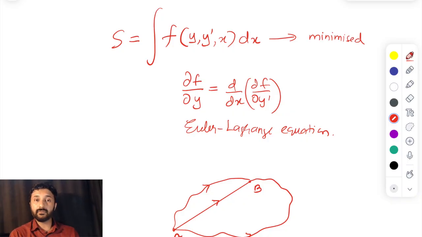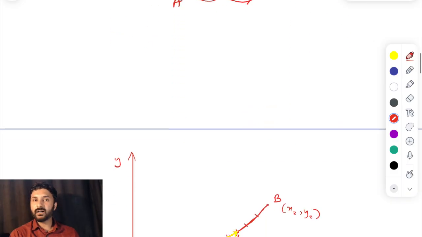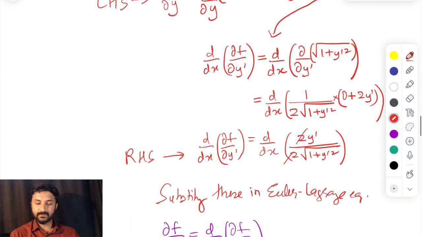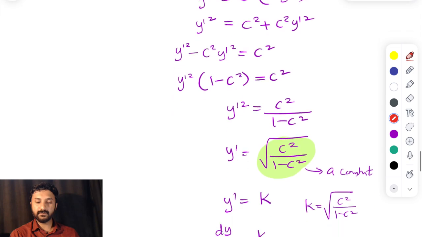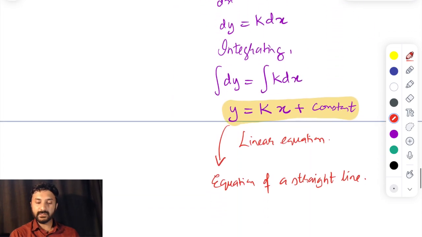It's more like a verification of the Euler-Lagrange equation than of our common sense notion that the shortest path between any 2 points should be a straight line. So what we have done today is use the Euler-Lagrange equation and the calculus of variations and show that the shortest path connecting 2 points is a straight line.